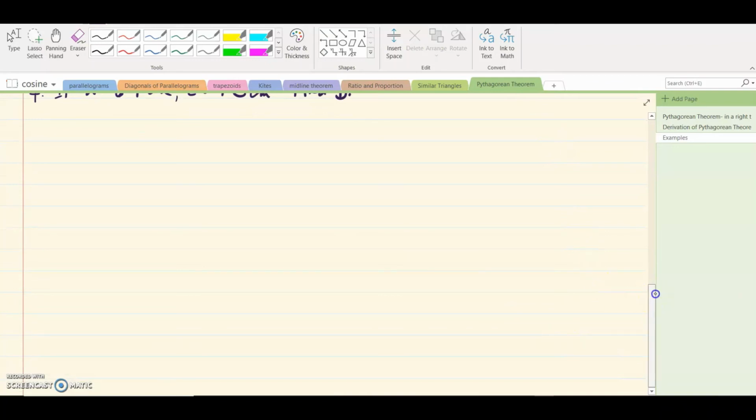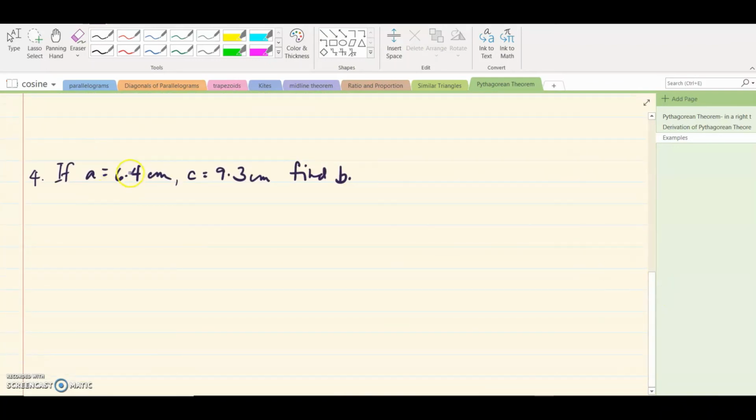And then for our last number, if a is equal to 6.4 centimeters, c is equal to 9.3, find b. So that is b squared equals c squared minus a squared. So b squared is equal to 9.3 squared minus 6.4 squared.